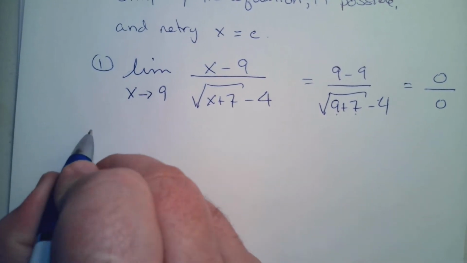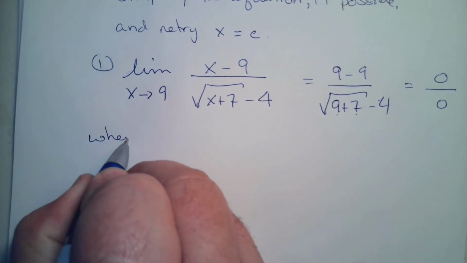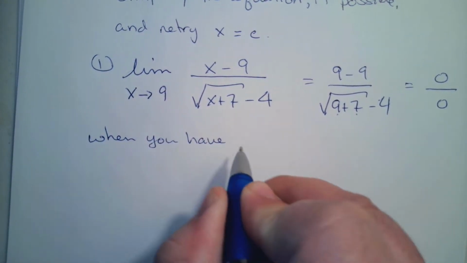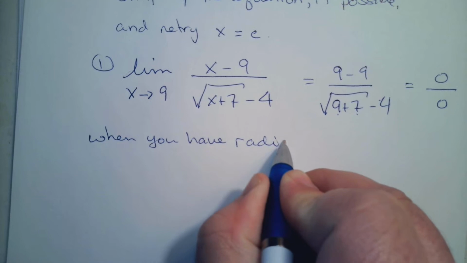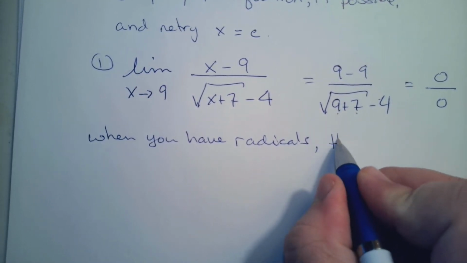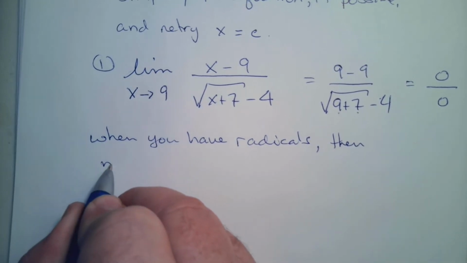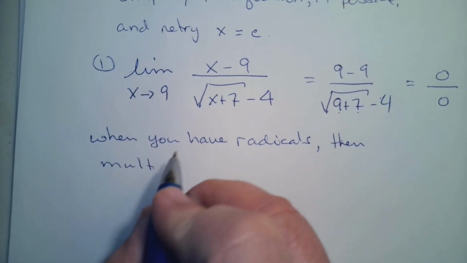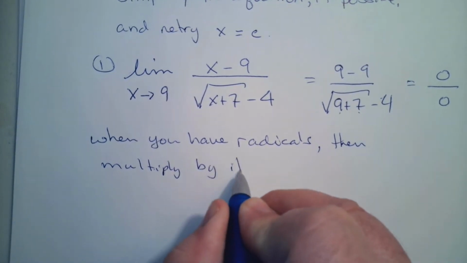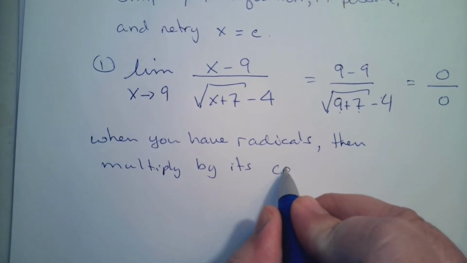So, when you have radicals, then multiply by its conjugate.